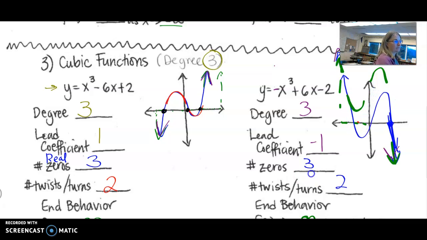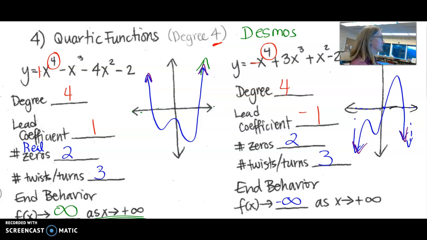We had 3 zeros, but you could have 2 and you could have 1. You can't have 0 zeros with a cubic because the ends go off in opposite directions, so they're going to have to cross through the x-axis at some point. I'm talking about real zeros here, not the imaginary or complex zeros with the imaginary unit.